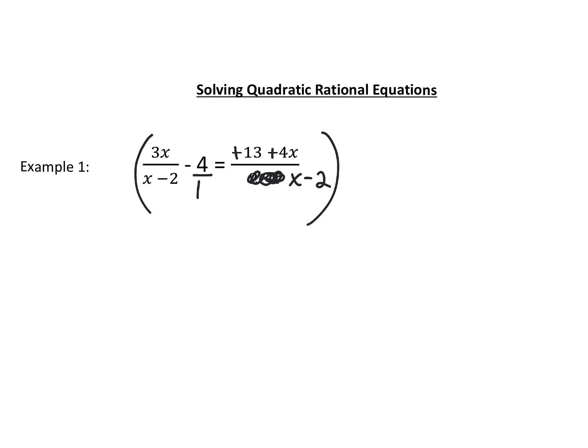X minus 2 is a binomial, 1 is a monomial, which we technically don't even have to write. So x minus 2 and x minus 2, what will they both go into? X minus 2, yep, it's a binomial. So that's my common denominator right there.